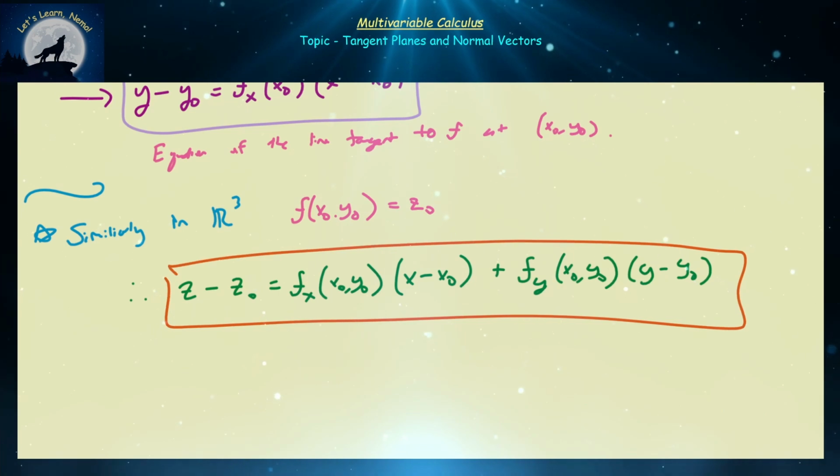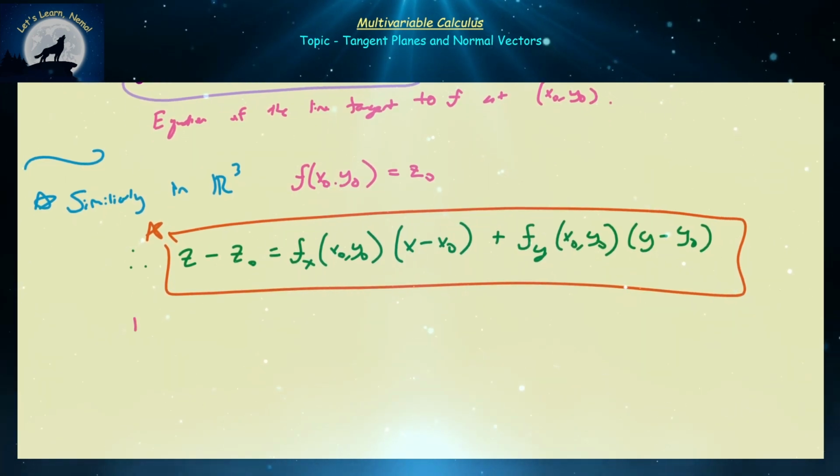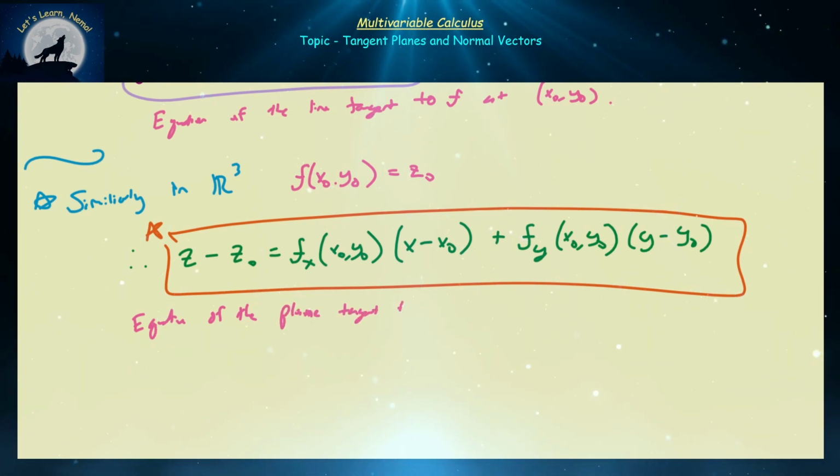Right? And that will be your primary structure. So what is this the equation of? This is the equation of the plane tangent to f at the point x0, y0, z0. Right? So that's actually quite nice.